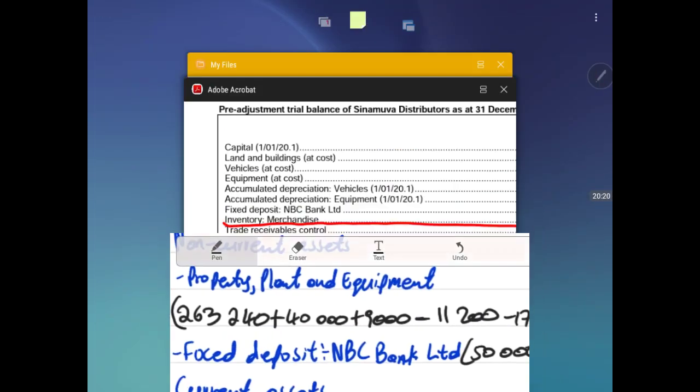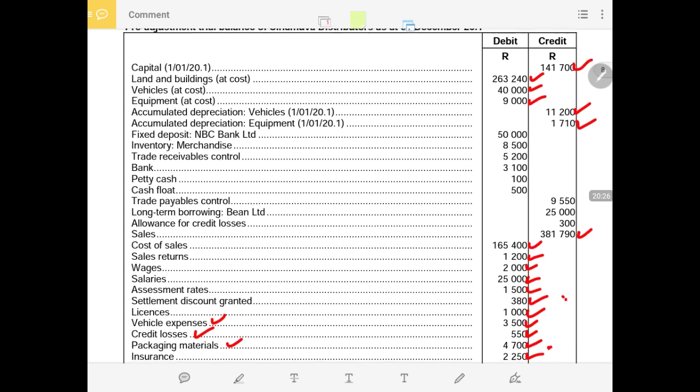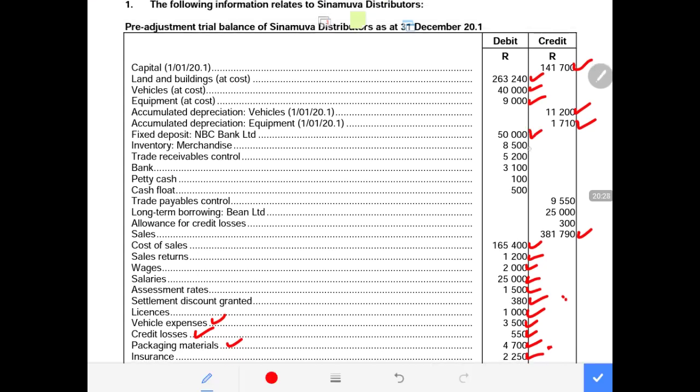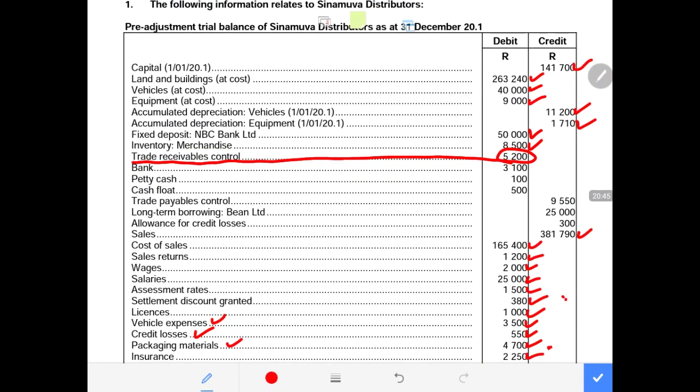Under our trade and other receivables, meaning our debtors, we recorded this one. And if you see, I tick everything. We have trade receivables, which is 5,200 rands. 5.2. Then we will look for others.